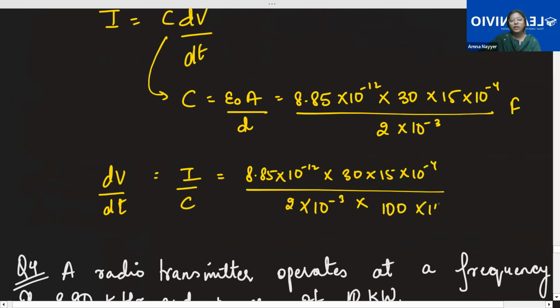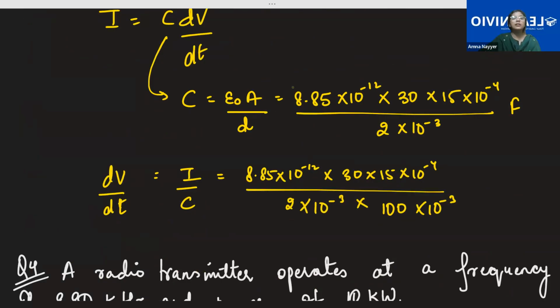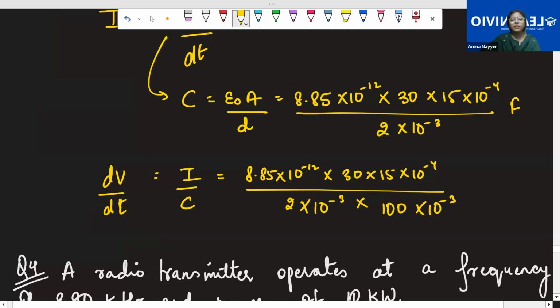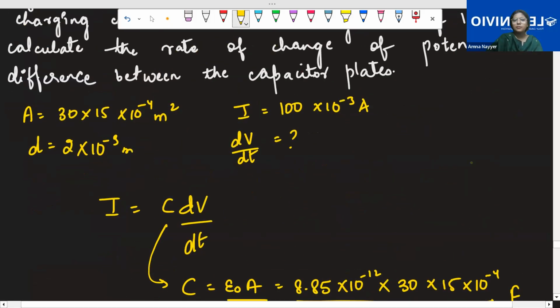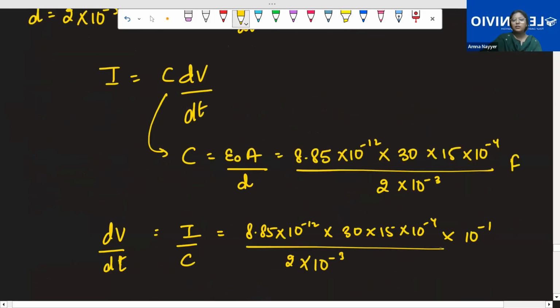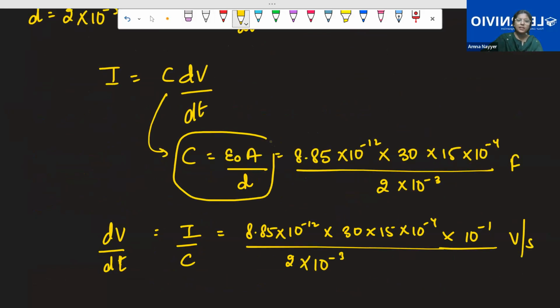It will be multiplied, not divided, because current is 100 milliampere. So 10 to the power minus 1. This much will be volt per second. Use the same formula. It's just that for capacitance, use epsilon naught A by d.